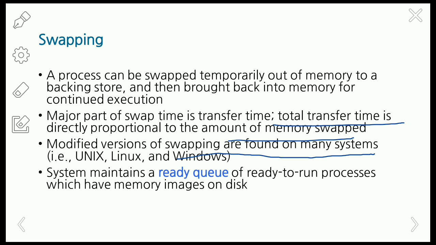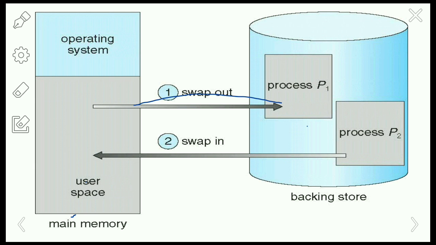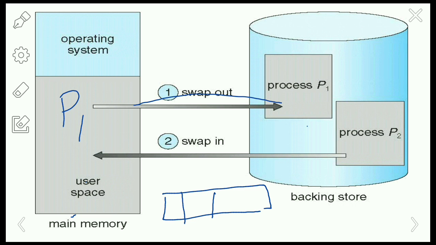The ready queue holds ready-to-run processes which have memory images on the disk, including the processes which are swapped out. Suppose a process P1 is executing and it needs input output, so it will be swapped out to the secondary storage device, and P2 is taken for execution.